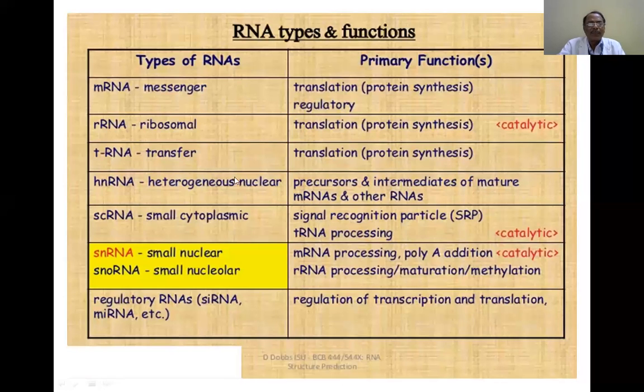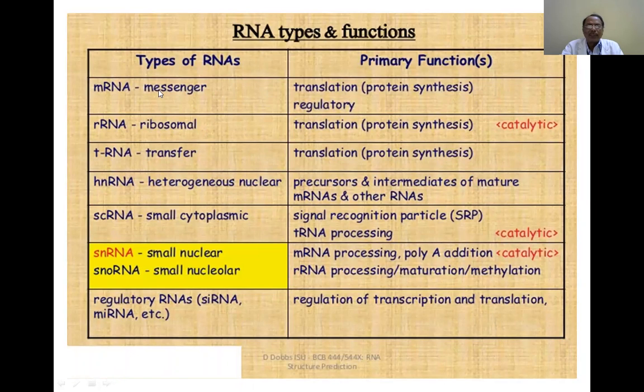And mind you, the major ones are mRNA, rRNA, and tRNA. In human beings, in mammals, and in eukaryotic cells, RNA is synthesized by RNA polymerase.